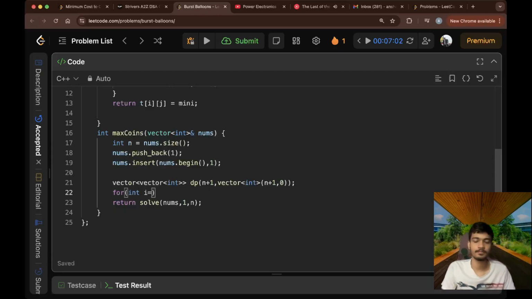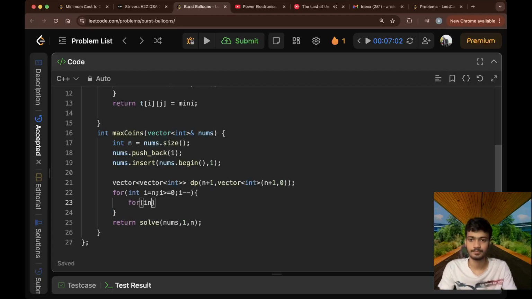So i is going from 0 to n. In this problem, it will go from n down to 0. j is from n minus 1 to, obviously not 0, it would be 1. And j would be from 1 to n.